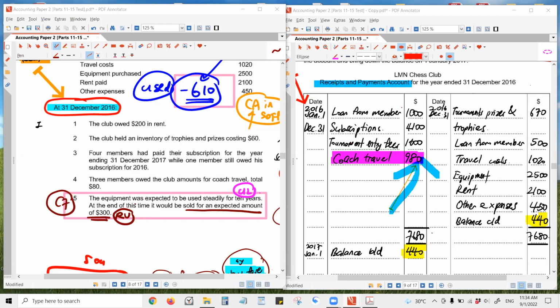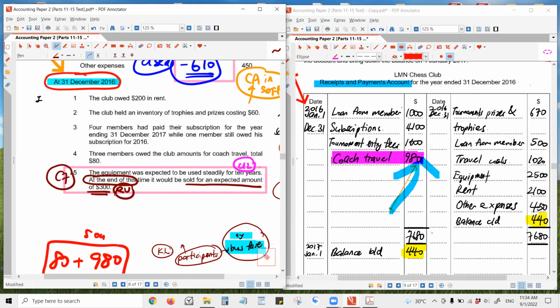No. It says at the end of this time, that means you are trying to anticipate that in the future you will sell it for an expected 300. This is not proceeds. Are you literally selling it right now? No, this is not disposal. This is residual value, the amount that you expect to sell it for in the future at the end of its useful life. So see the notes again.